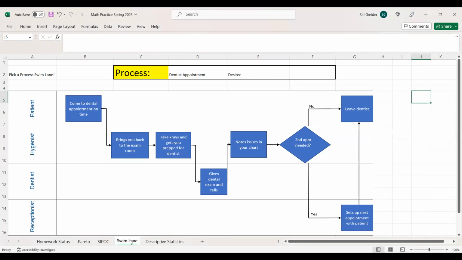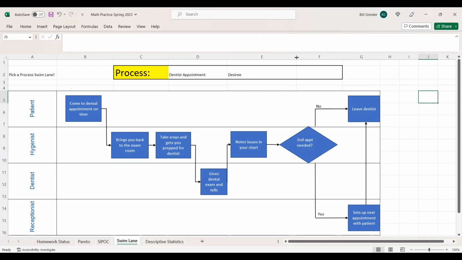The dentist comes in to give the dental exam, and tells the hygienist any issues. And then the hygienist will note any issues in your chart and determine if a second appointment is needed. If not, patient leaves the dentist. If yes, you set up a new appointment with the receptionist and then leave the dentist.